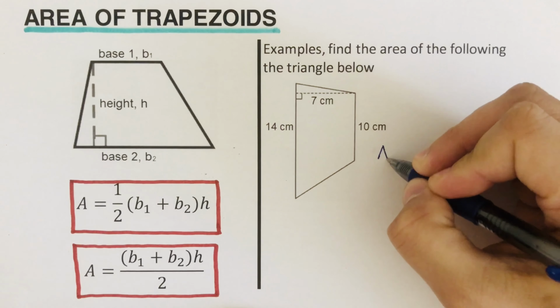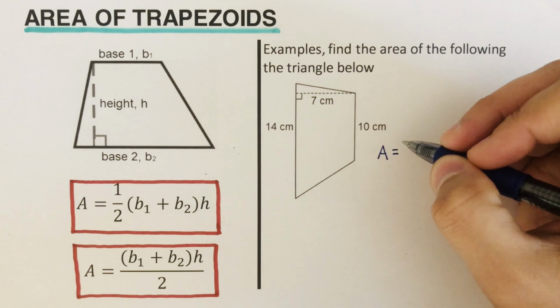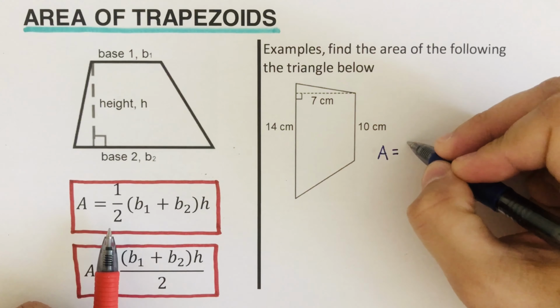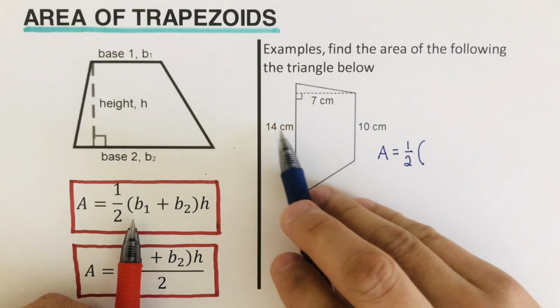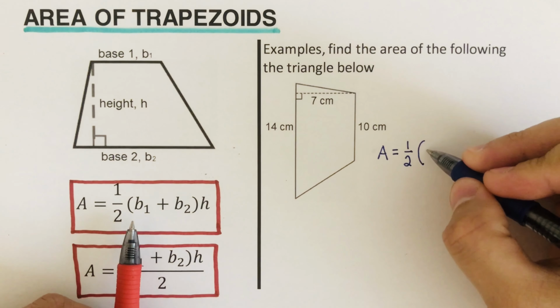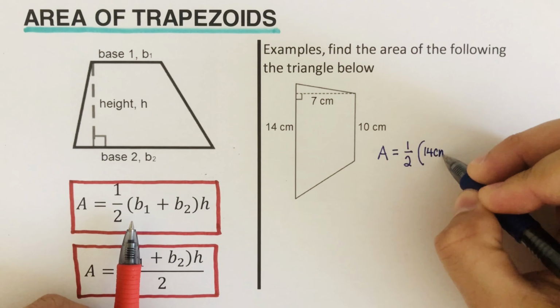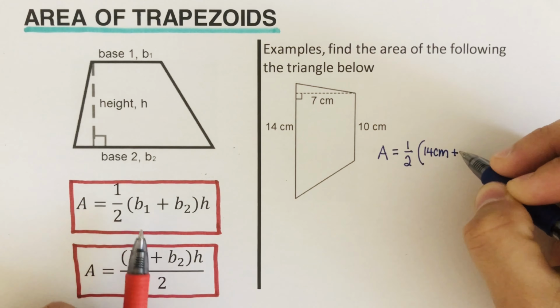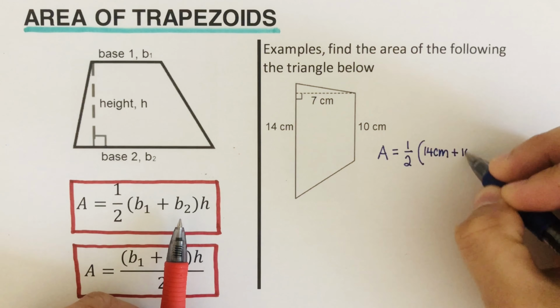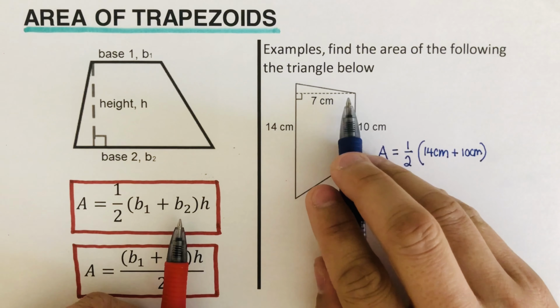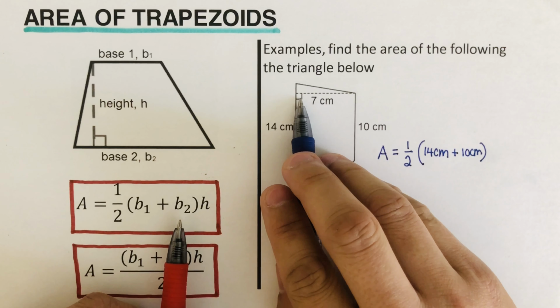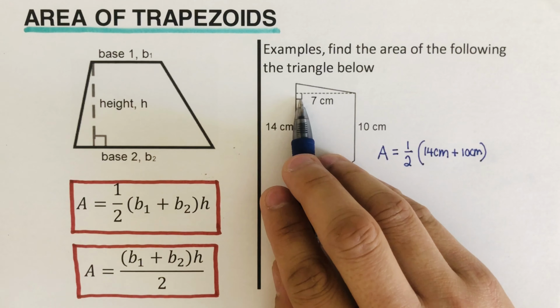So area is equal to, first we write the 1/2 times the first base. You can take any of these, it doesn't matter. So let's take 14 centimeters plus the other base. Base 2 is 10 centimeters times our height. Again, the height and the base should be perpendicular, and we know it is because there is a small square over there.